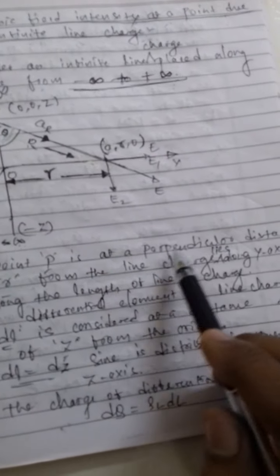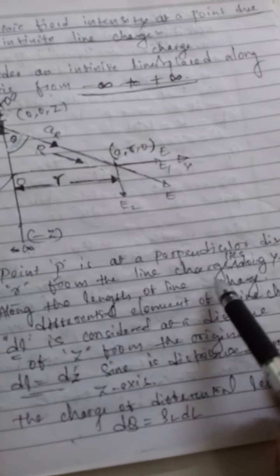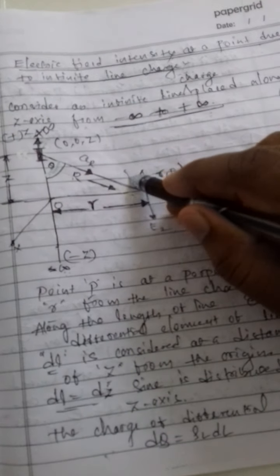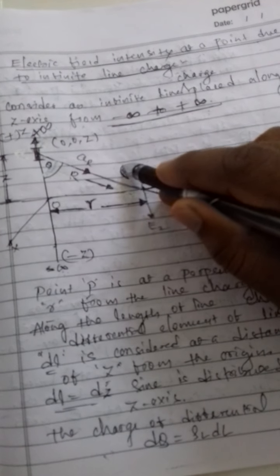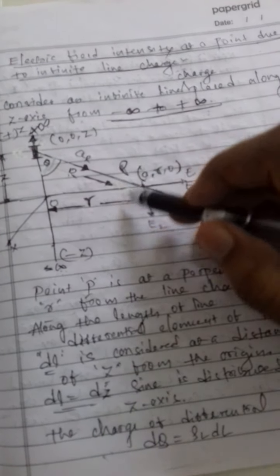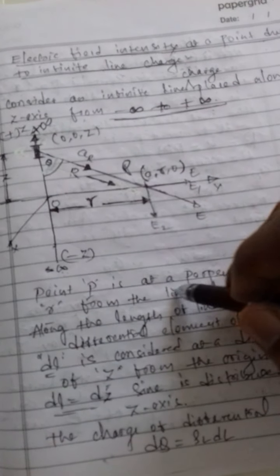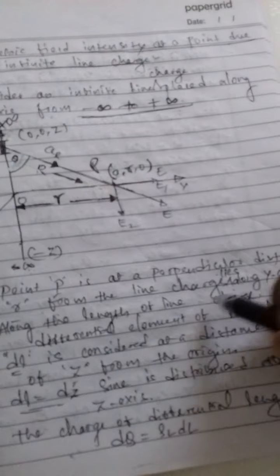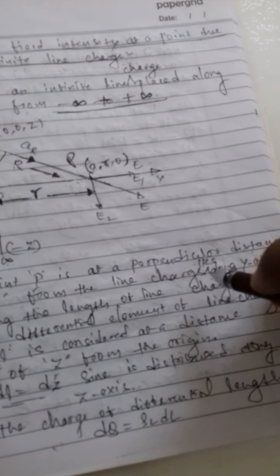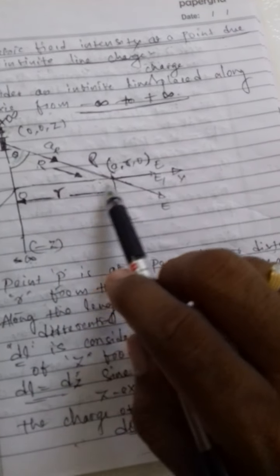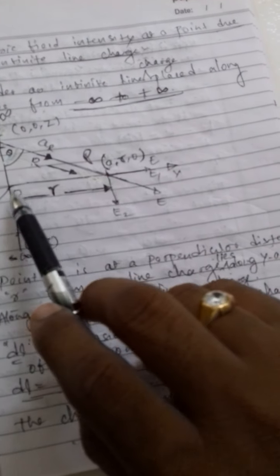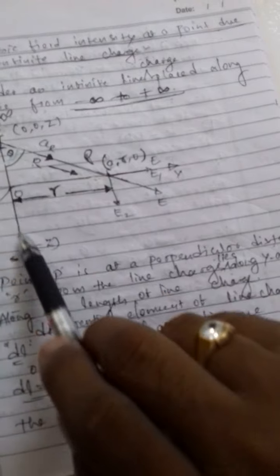Point P is at a perpendicular distance r from the line charge.